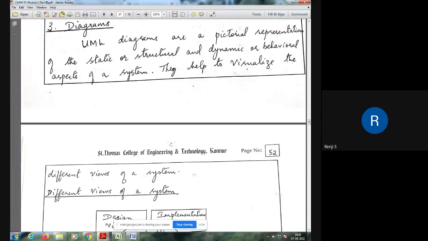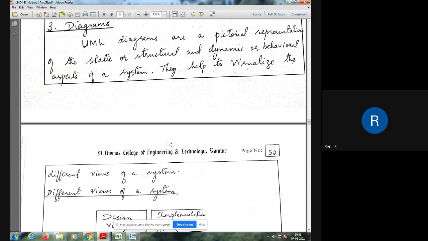These diagrams in UML are a representation used to visualize the static as well as the dynamic behavior of the system. So there are certain views.